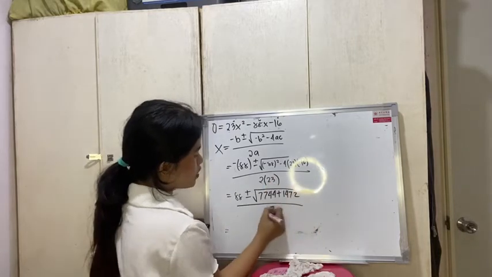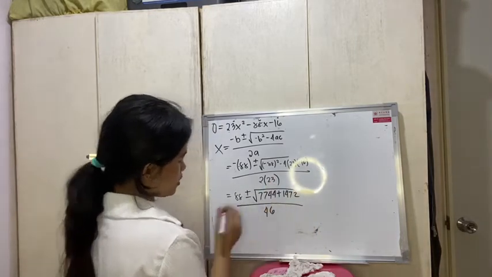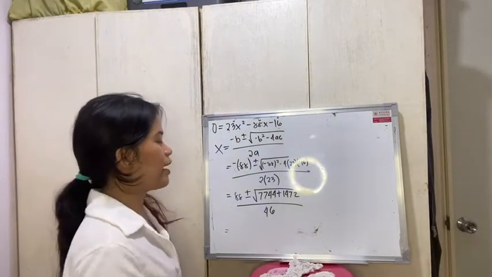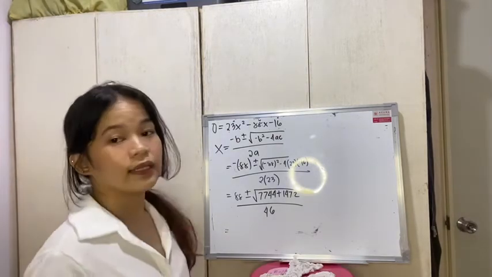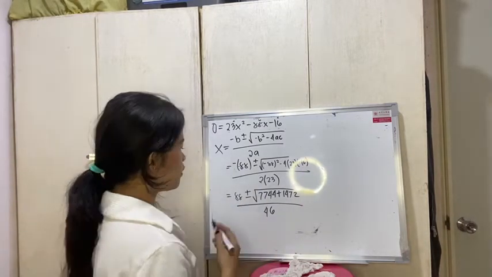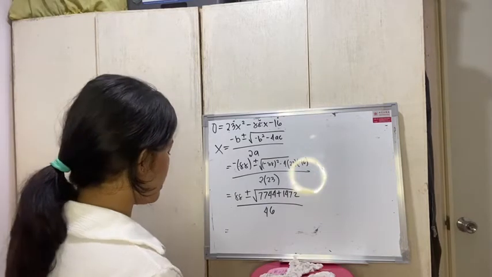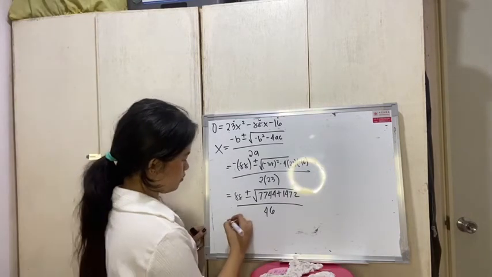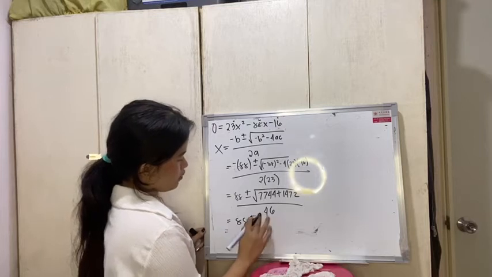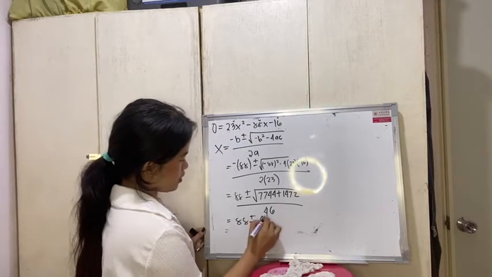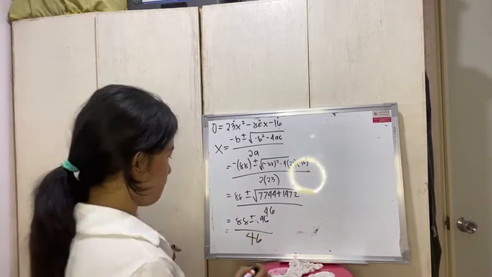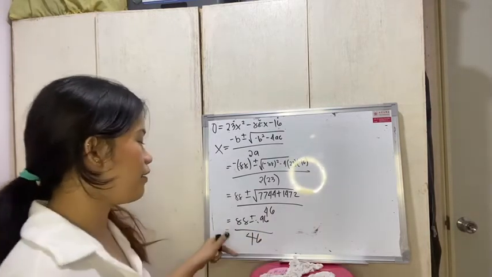Over 2 times 23 is equal to 46. So 64 plus 1,472 is equal to 1,536, and we take the square root. So now we have two answers.